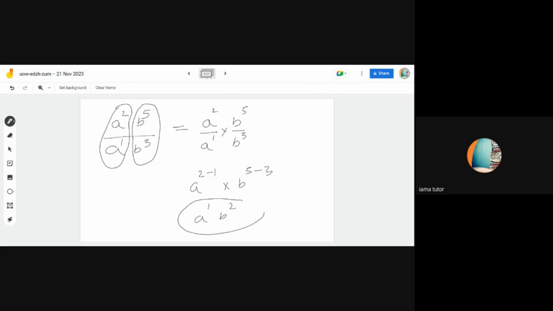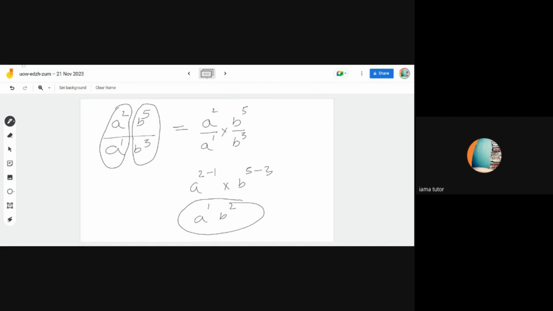So our answer will be a with index 1 and b with index 2. This is how we work out questions based on multiplication and division.